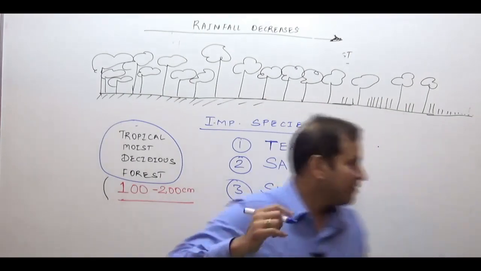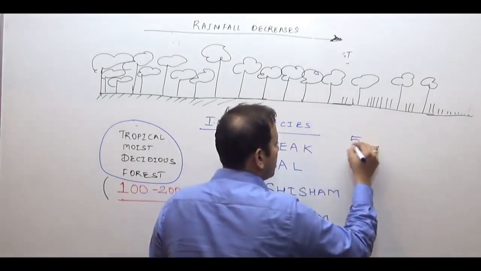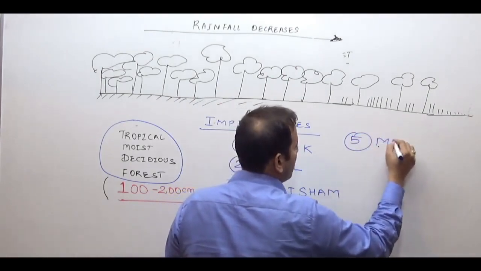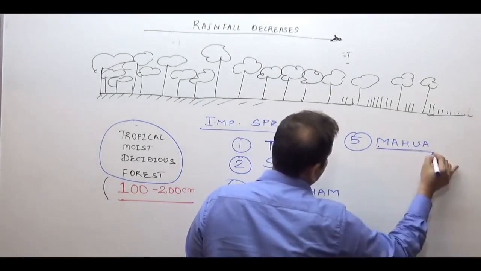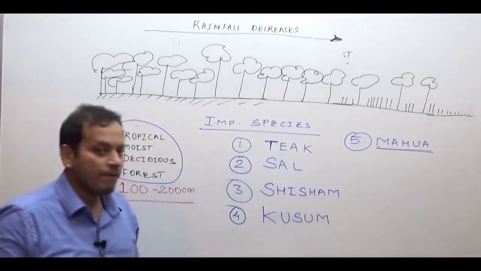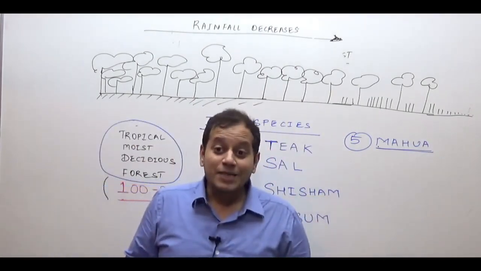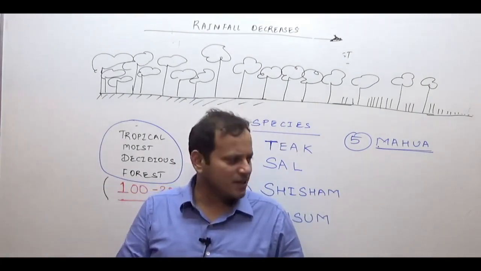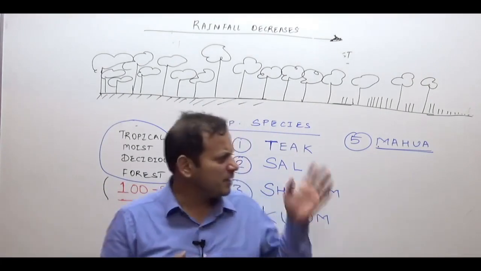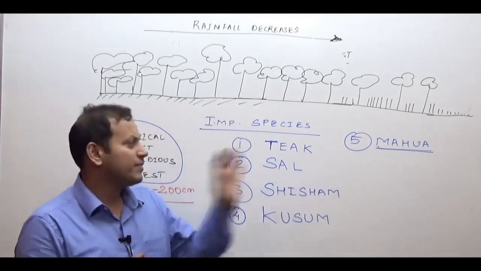Then the fifth important species which is found here is mahua. Why is mahua important? Some kind of desi liquor is made from mahua. That I won't go into.